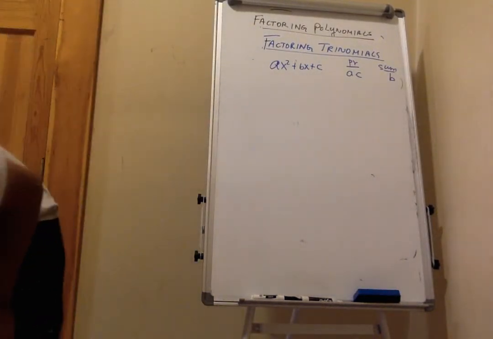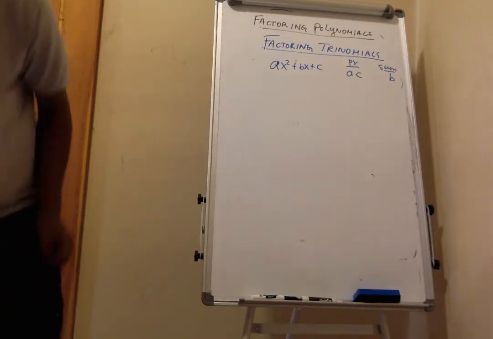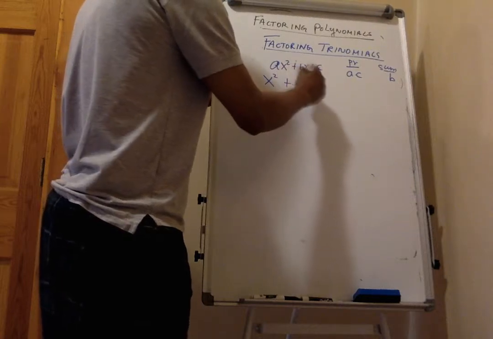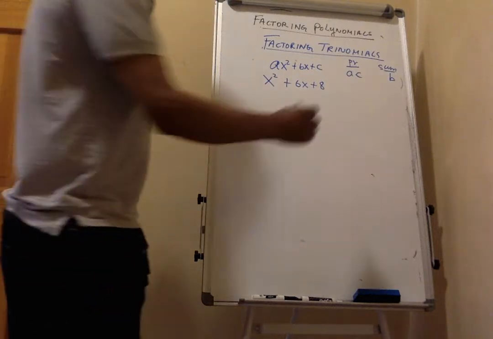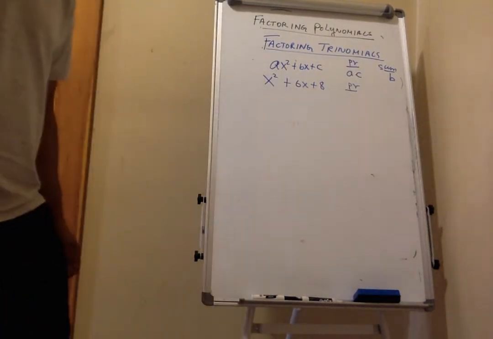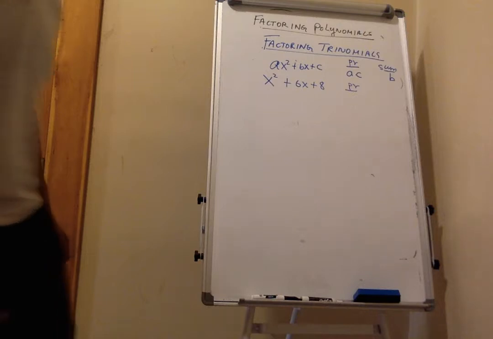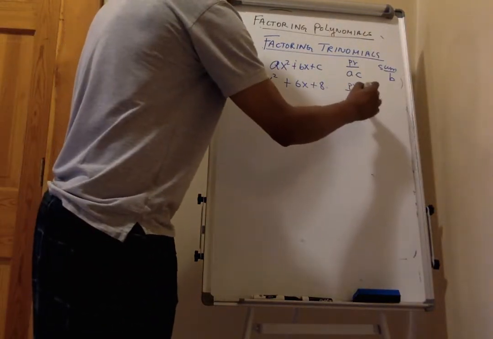Okay, so let's use one example. Let's try x squared plus 6x plus 8. Now, the product of the 2 numbers that I'm looking for: there is 1 in here, 1 times 8 is 8.